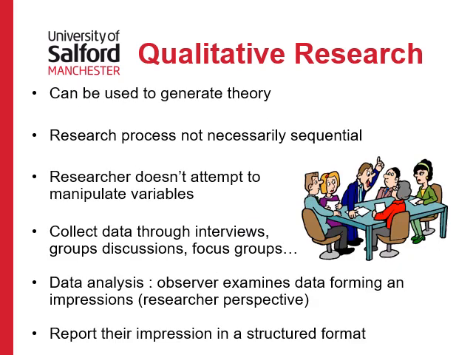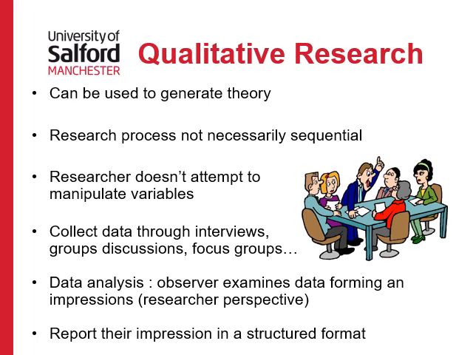Qualitative research is often used to generate theory. So if, for example, a new disease comes along, such as coronavirus, we can't use the quantitative approach to necessarily quantify how people experience this disease. Instead, we have to use qualitative research to explore people's experiences.